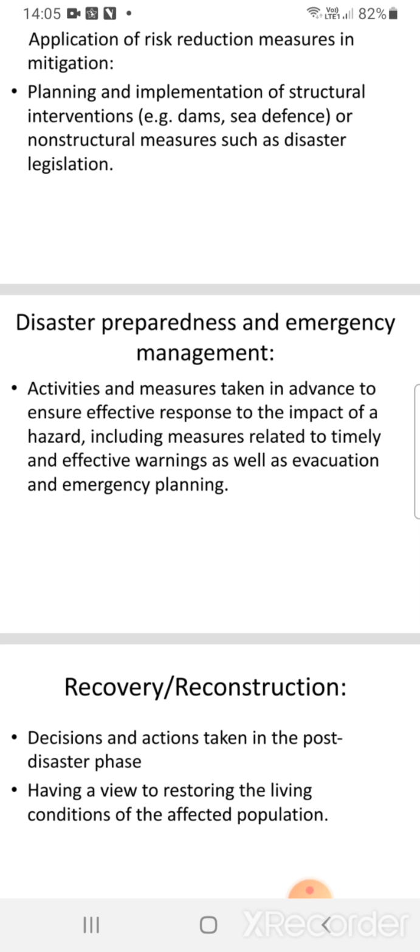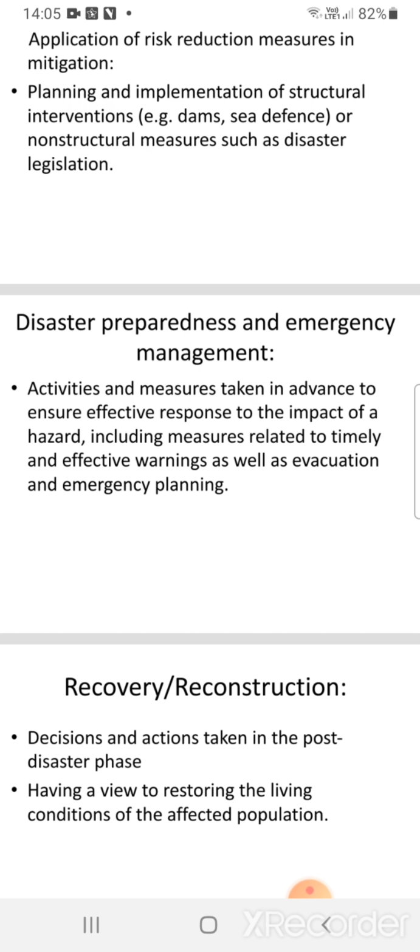evacuation and emergency planning. So a particular response to a particular disaster may be different depending upon the type of the disaster. In certain areas you can fight the disaster, in certain areas you have to evacuate, in certain situations warnings will help you, and in certain situations the planning will help you, the emergency planning will help you.